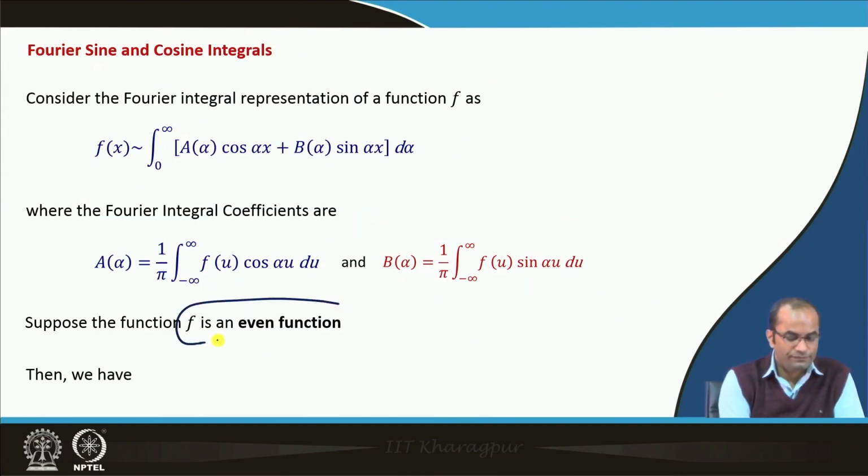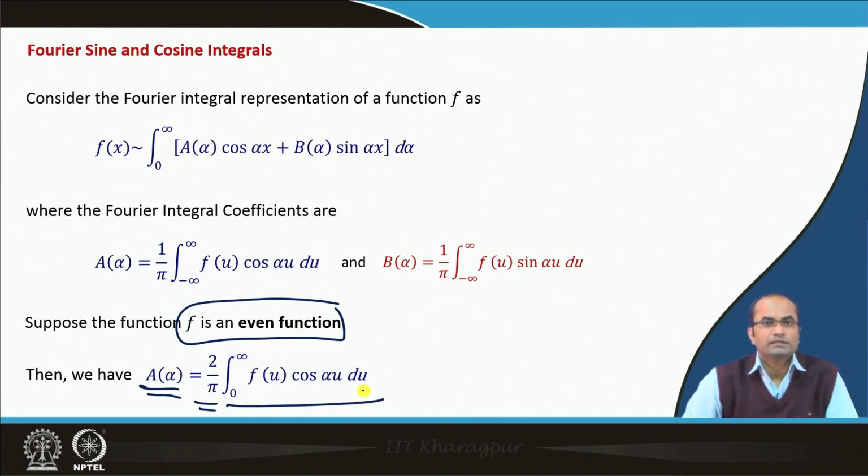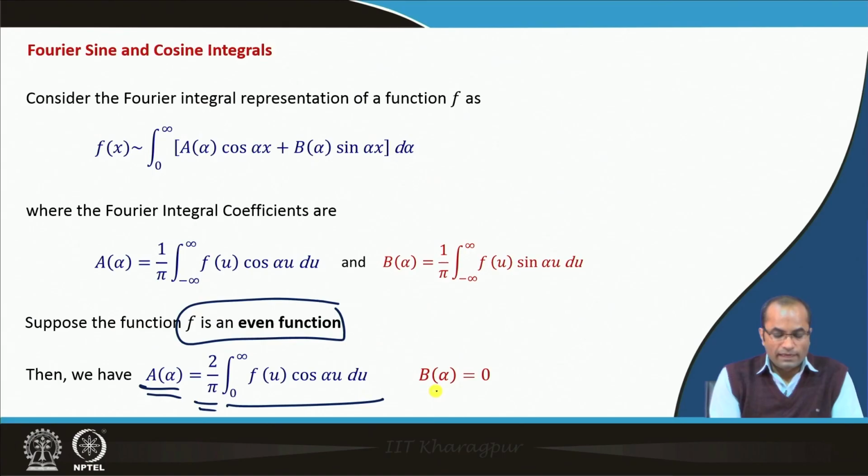So, if f is an even function, then we have a alpha as 2 over pi times the integral, instead of from minus infinity to plus infinity, now from 0 to infinity of f u cos alpha u d u, and then b alpha will become 0.